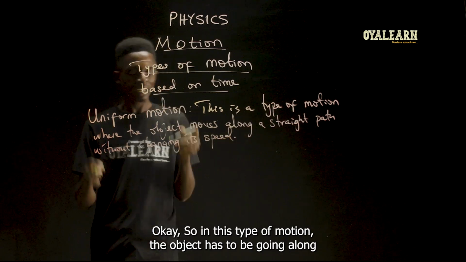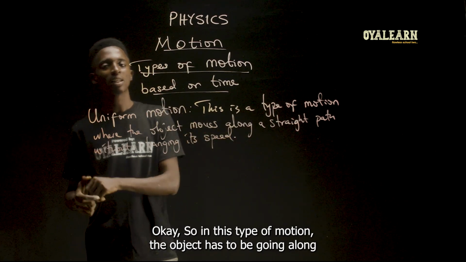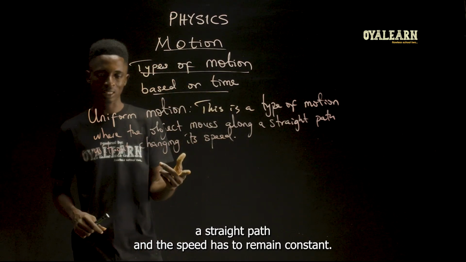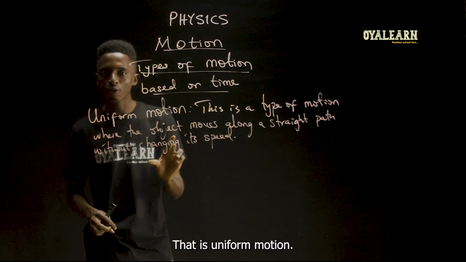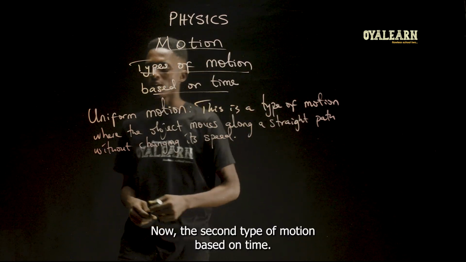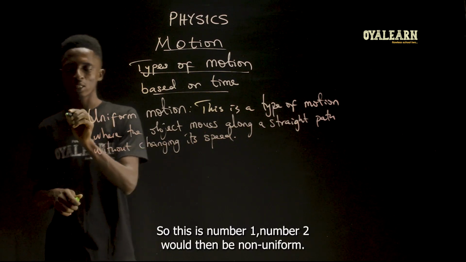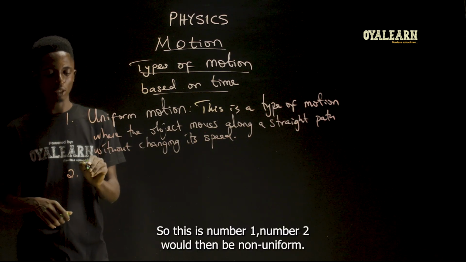So in this type of motion, the object has to be going along a straight path and the speed has to remain constant. That is uniform motion. Now, the second type of motion based on time, so this is number one, number two would then be non-uniform.